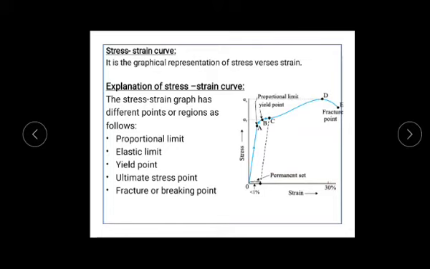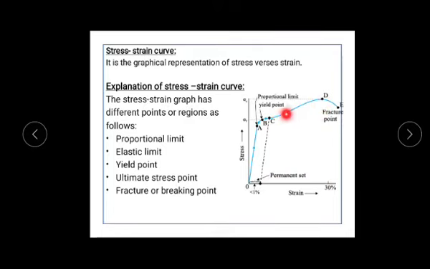This strain increases rapidly from point B to D. Then at the point D, we used to call it as ultimate stress point. So what is this ultimate stress point then? Here very less variation of stress, only this much of variation in the stress. But observe the strain here, variation of strain is more. Means at some point, even you can say stress can be 0, but strain cannot be 0 here.